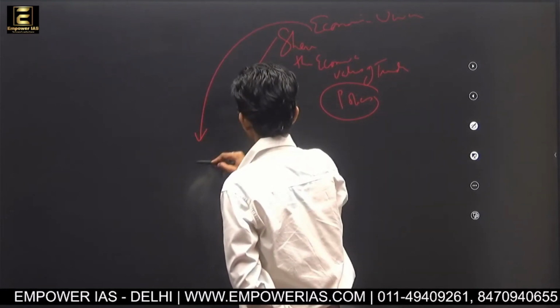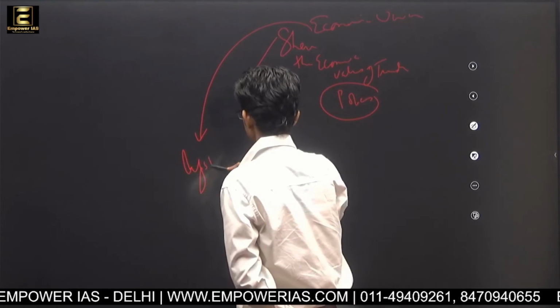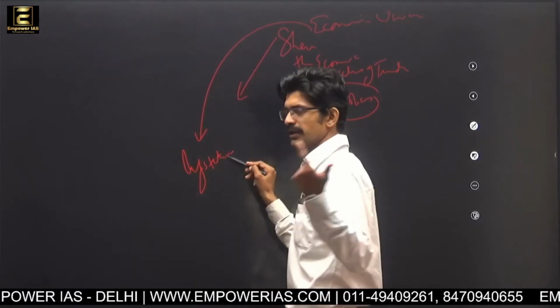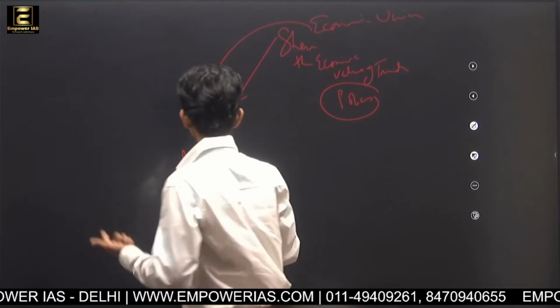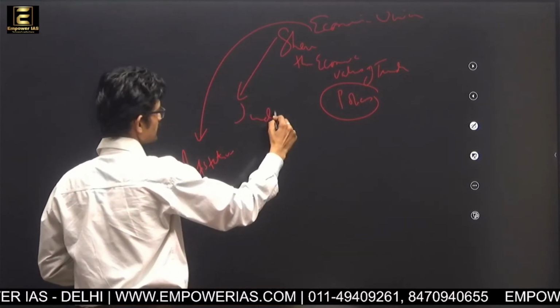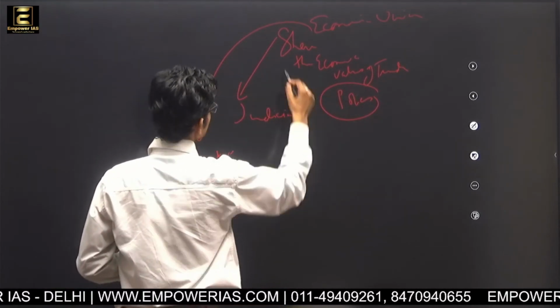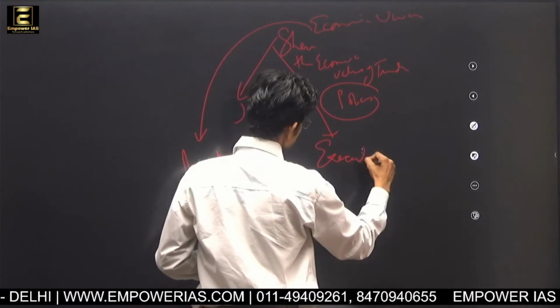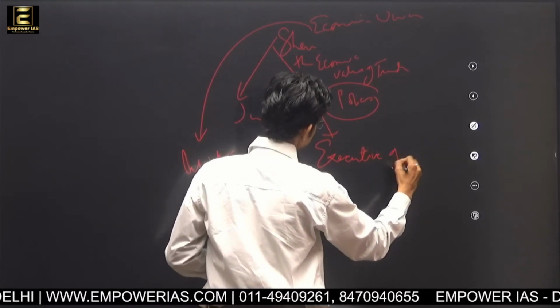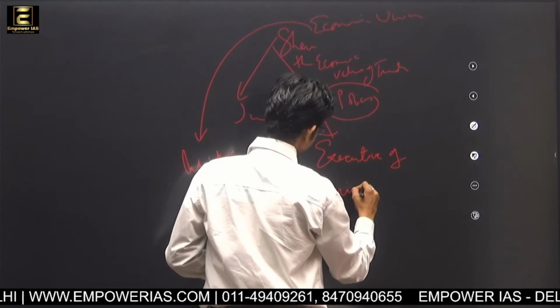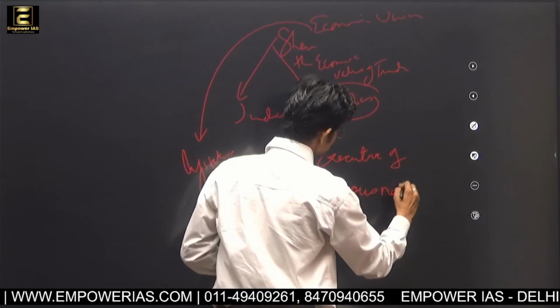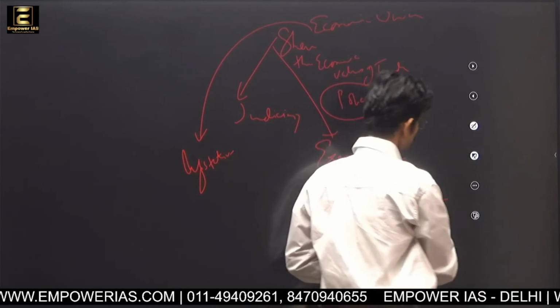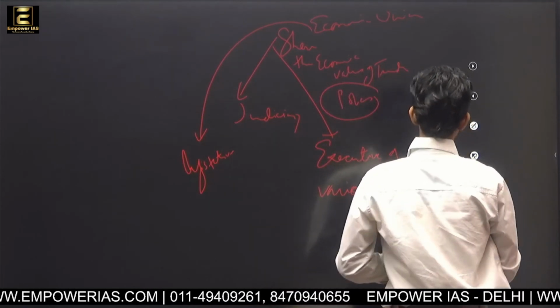The parts of legislative, that means the law-enacting body of various nations, then the judiciary of other nations, and the executive of other nations. So they all are part of an economic union.